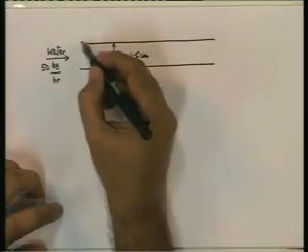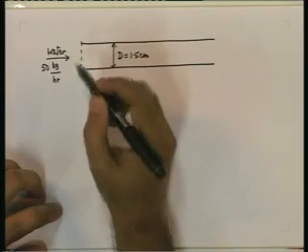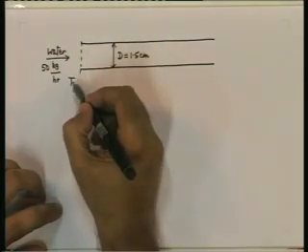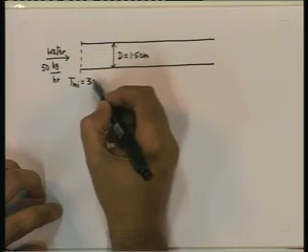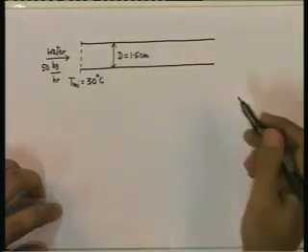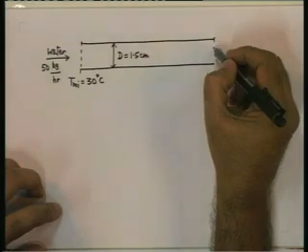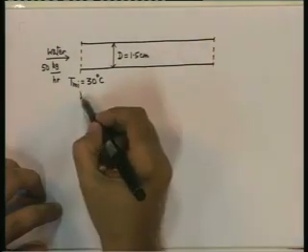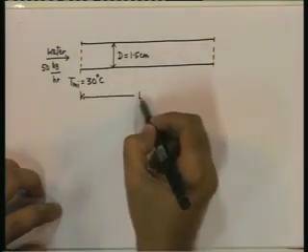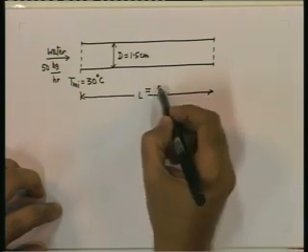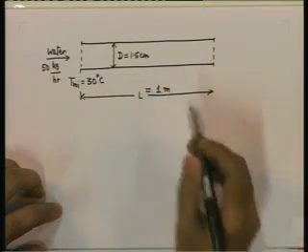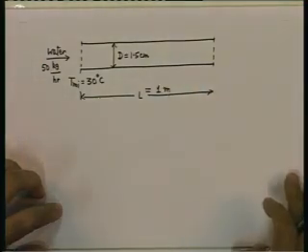The inlet temperature of water, TMI, is 30 degrees centigrade. The length of the tube is 1 meter. We have a fixed length of tube.